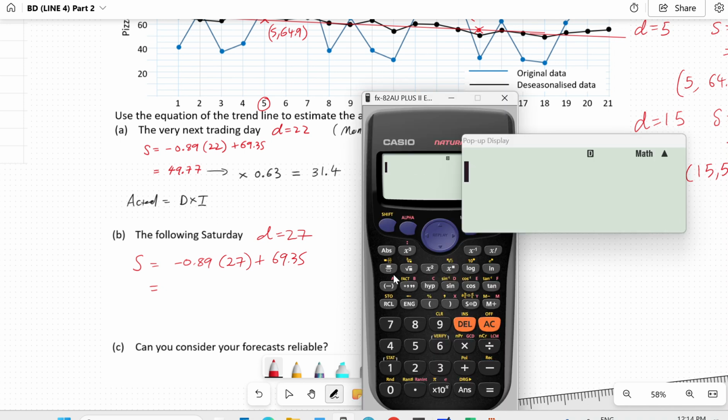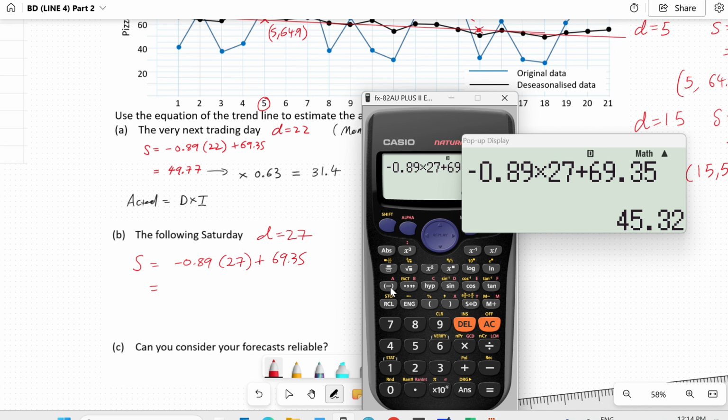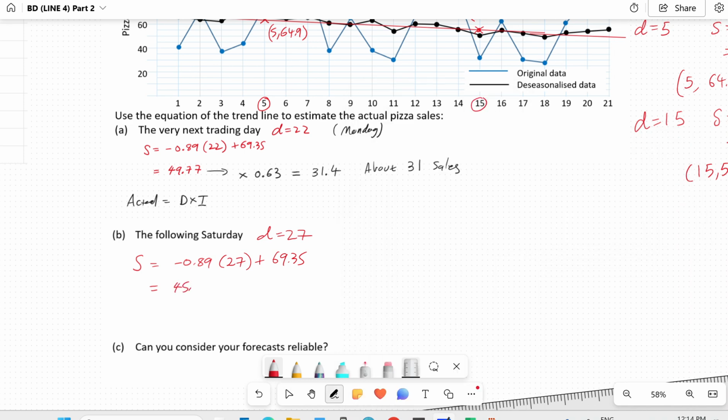So put this in, 0.89 by 27, plus 69.35. This gives us 45.32. Now we need to go and multiply this by the index for Saturday.